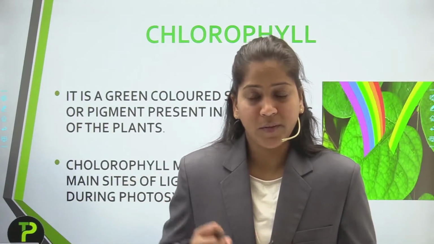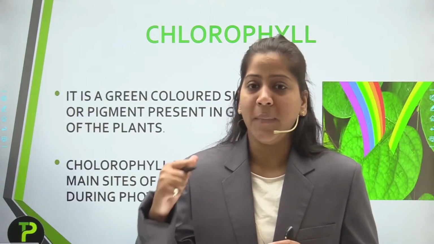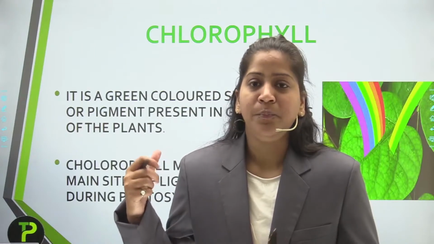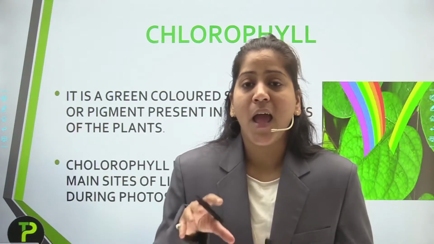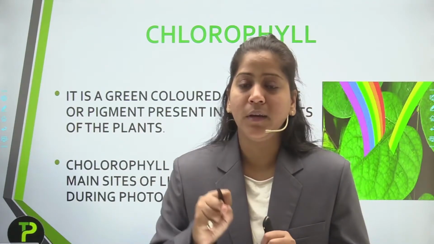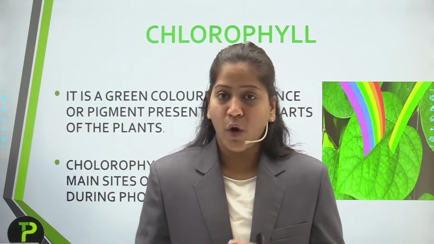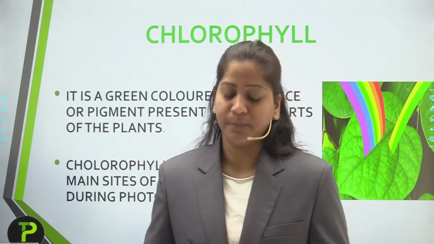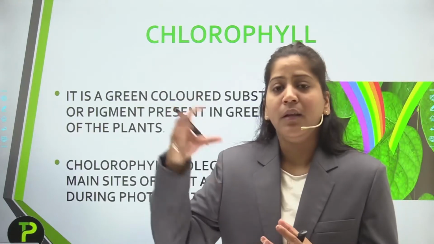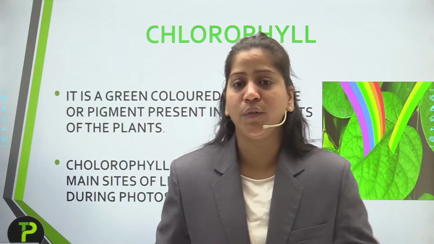They absorb sunlight with the help of these structures. The substance chlorophyll present in chloroplasts helps in this absorption. It absorbs light from the sun and helps in the formation of food for plants. So chlorophyll is the main site where light gets absorbed and helps in photosynthesis.